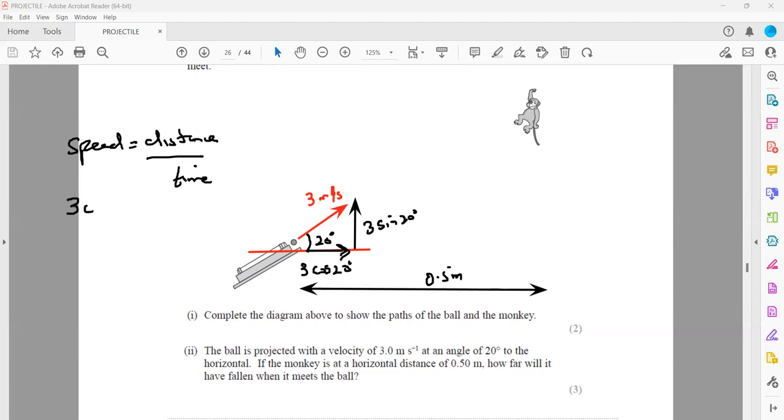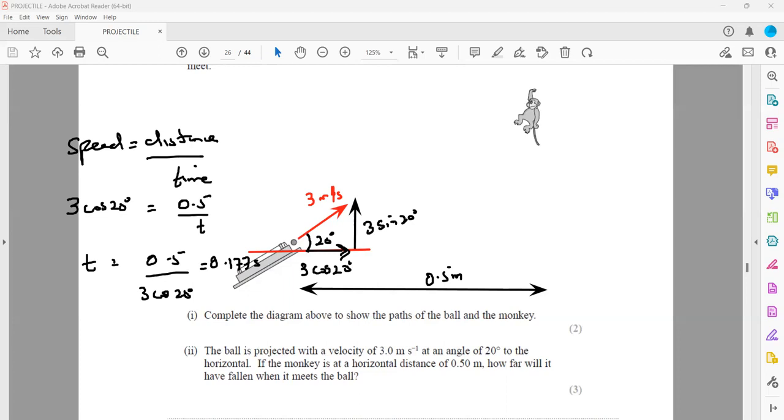So speed is 3 cos 20, the distance is 0.5, and time we don't know. Cross multiplying, time equals 0.5 divided by 3 cos 20. This gives us the time it will take to cover this 0.5 meter, which is about 0.177 seconds.